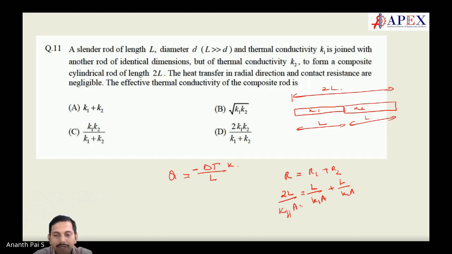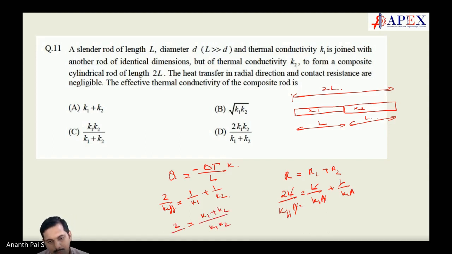A cancels, L cancels. So you get 2 by K effective is equal to 1 by K1 plus 1 by K2, that is equal to K1 plus K2 divided by K1 K2. So K effective is easy. Thinking is important.